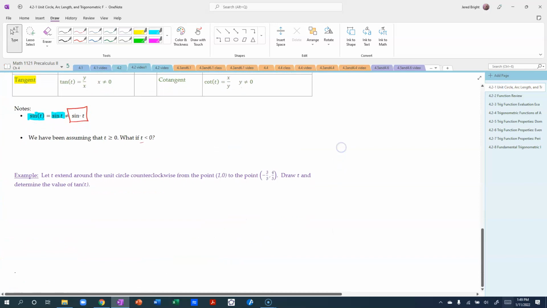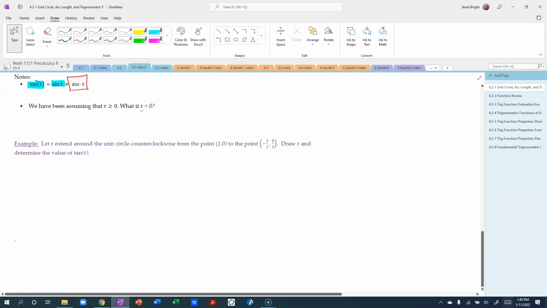Okay, so just as an example here before we end this video, it says let t extend around the unit circle counterclockwise from the point 1, 0 to the point. So I need a picture, and I highly recommend drawing pictures whenever you are working with trig functions. It's super helpful. So I'm going to call this point 1, 0. And then it says counterclockwise to the point -3/5, 4/5.